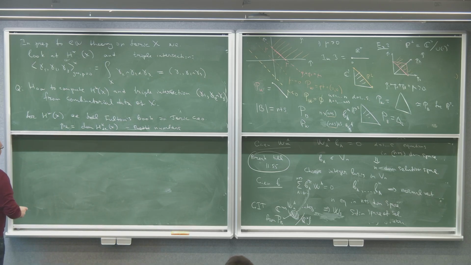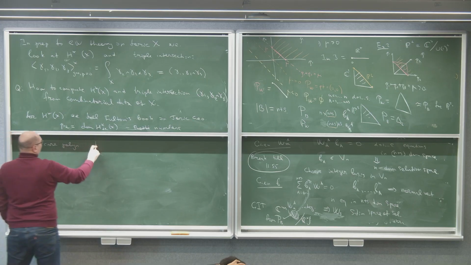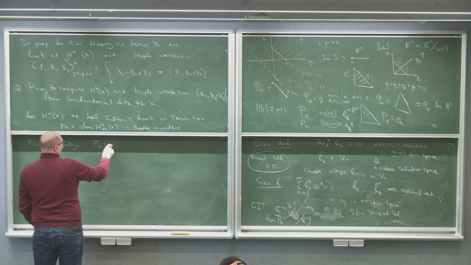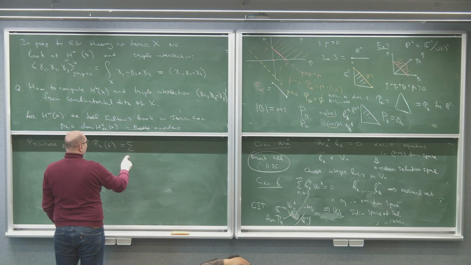We can package these Betti numbers into what is called the Poincare polynomial for X. It's just a polynomial of a single variable that is constructed in a very simple way.